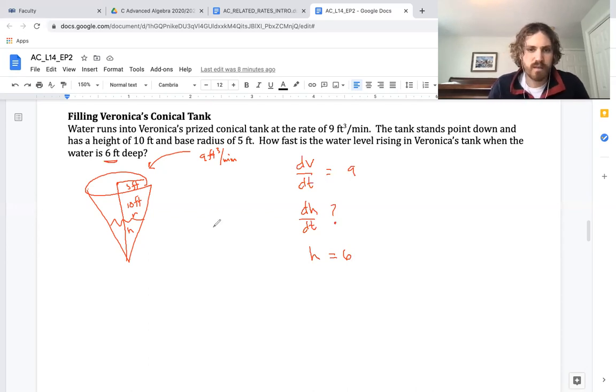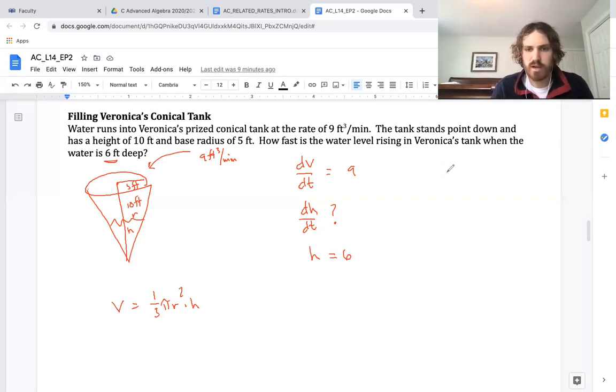Okay. Now we need some sort of an equation to relate V and H. Well, what I know is that the volume of a cone is 1/3 pi r squared times H. So that relates H, R, and V, which is fine, but I would prefer if it just related V and H. So I'm wondering if there's some way to relate R and H and do some substitution.